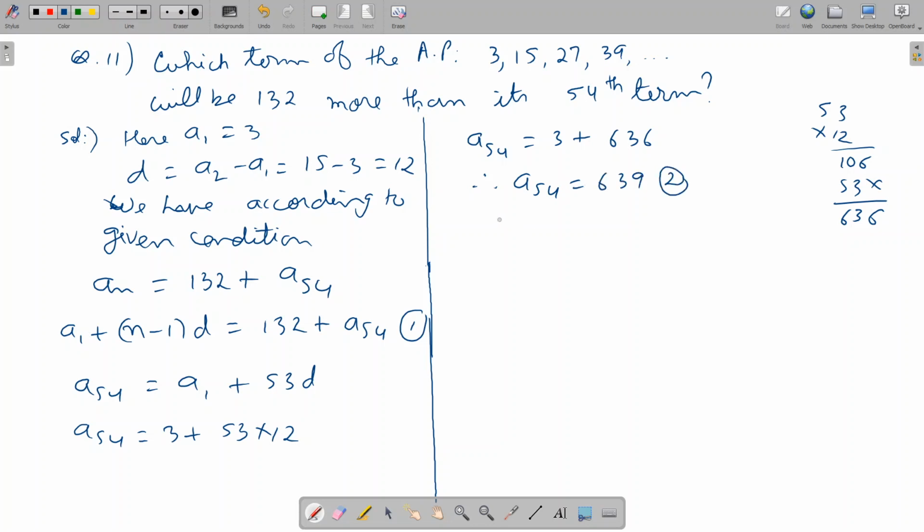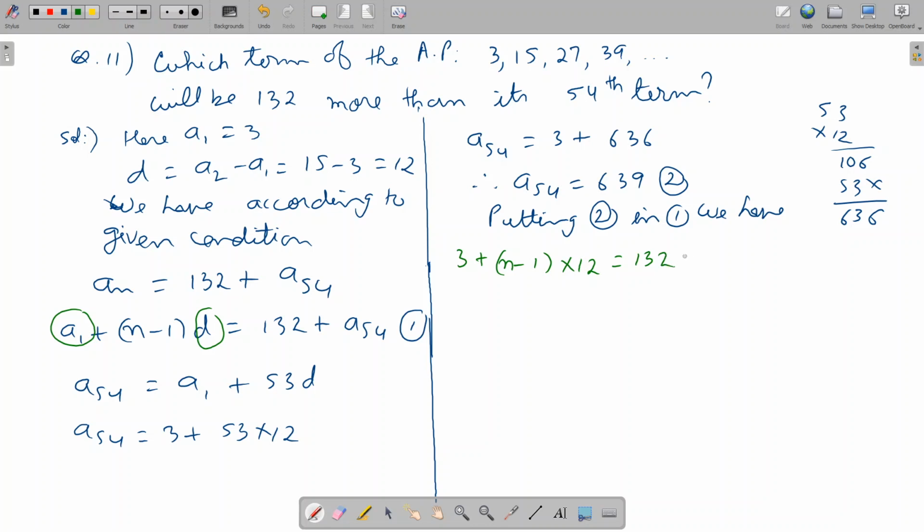So putting 2 in 1, first of all we put the value of A1 and also the value of D. A1 is 3, so 3 plus N minus 1 into D, where D is 12, equal to 132 plus 639.